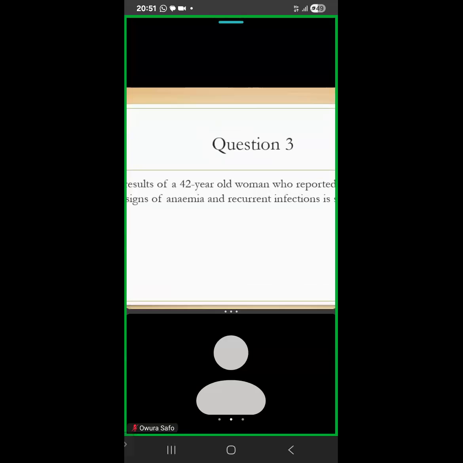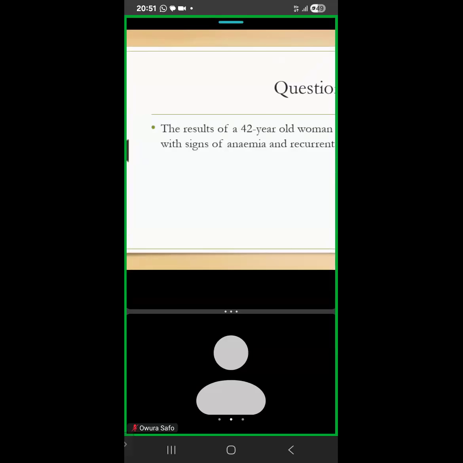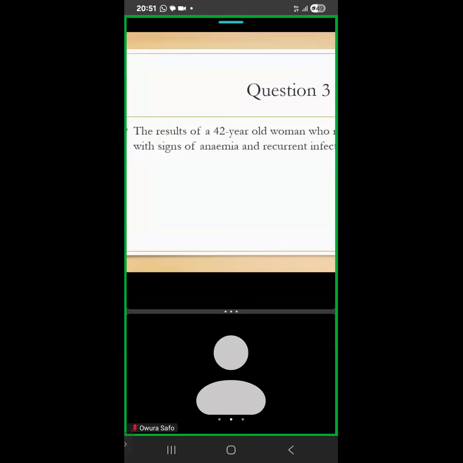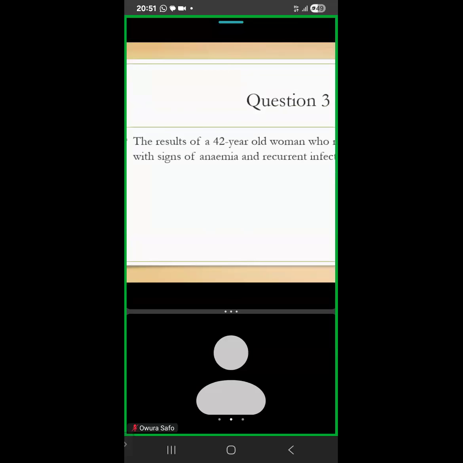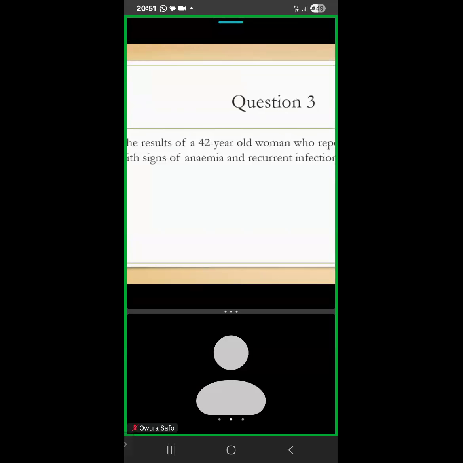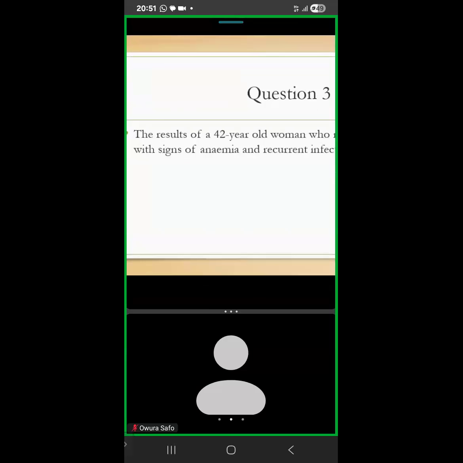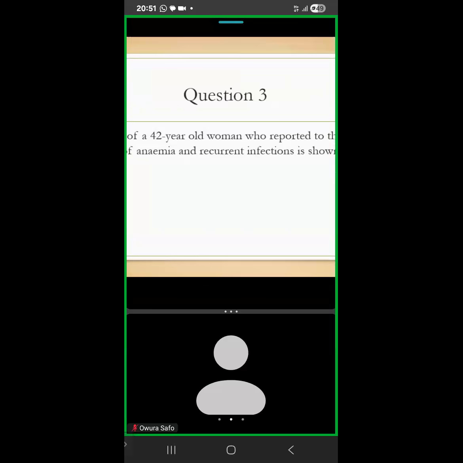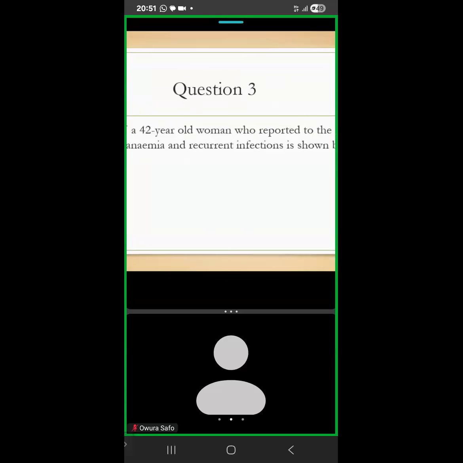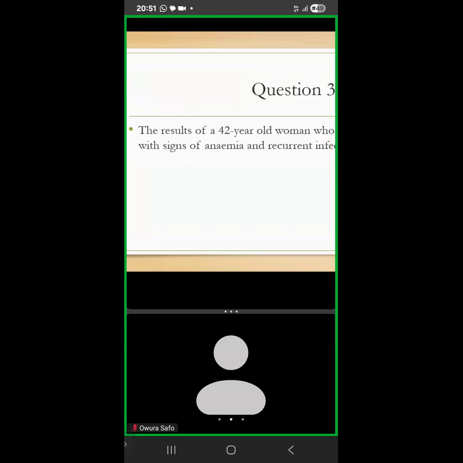So there's a third question. If you can see, the full screen is covered, and sometimes if I move like this, I'll be able to read. Okay, so third question.